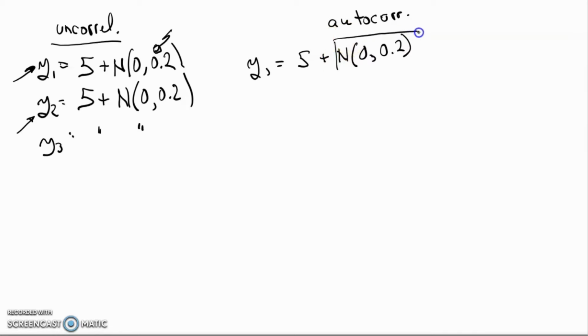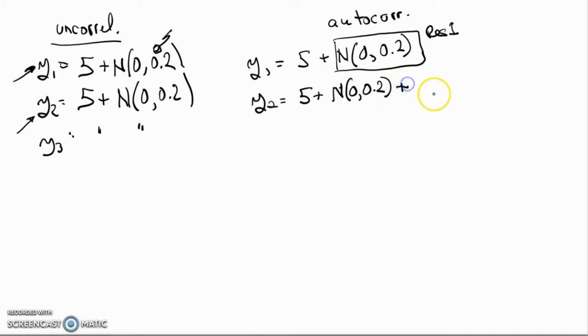And I can identify this thing as, I'm going to call this residual 1. Now what's going to happen, however, when I make y2, I'm going to start off with the expected value of 5. Going to add a little bit from a normal distribution, mean 0, standard deviation 0.2, and then I'm going to add another component that consists of 0.7 times this residual 1.